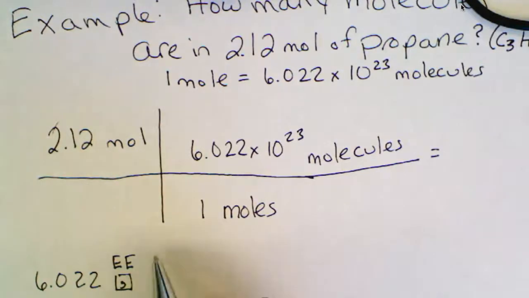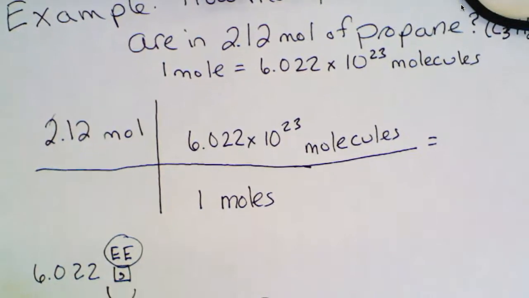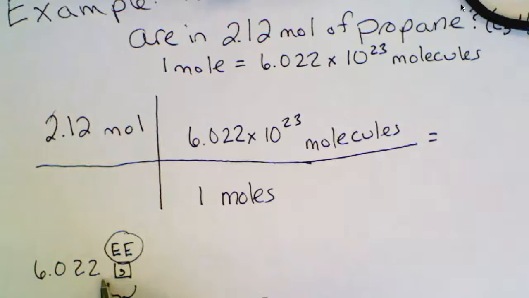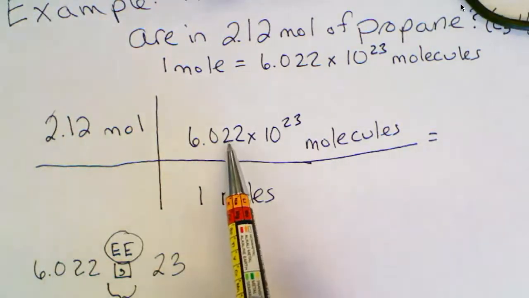Make sure you're doing second, what you need is this EE. This takes the place of times 10 to the. So you type 6.022 and then shift to get this EE, and then all you have to do now is type in the 23. Don't put the times, don't put the 10, don't put the exponent sign, just 6.022 EE 23. And now it treats this whole thing as a single number, right?